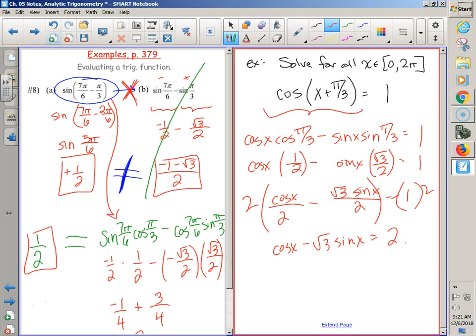How do we solve for sine and cosine? Yeah, question. Anyway, so did we try to use the formula?